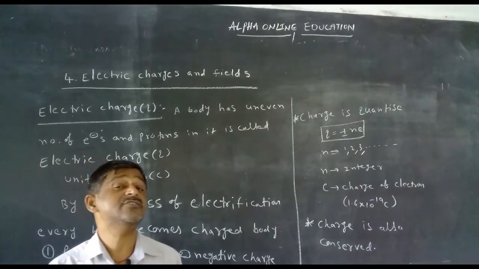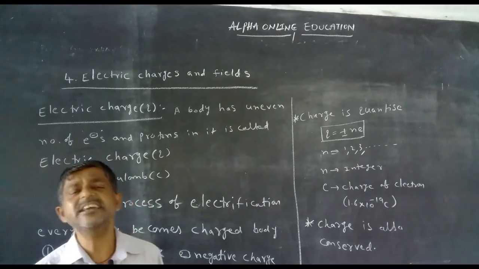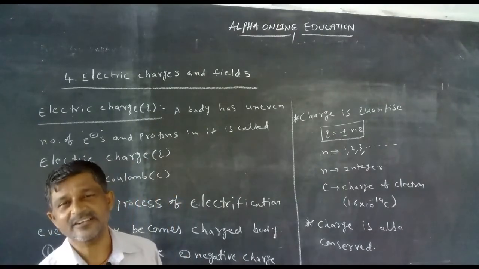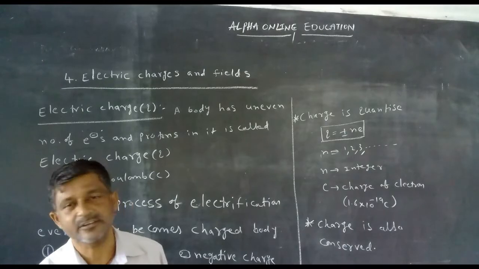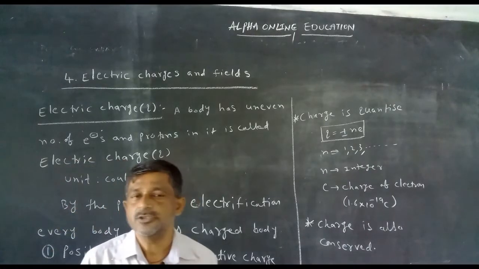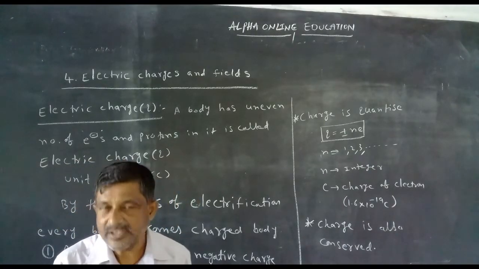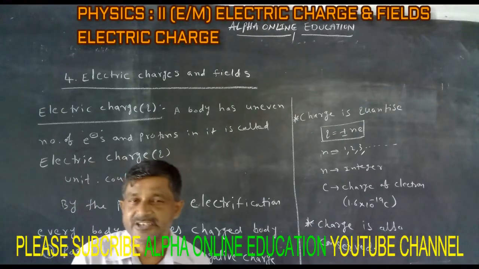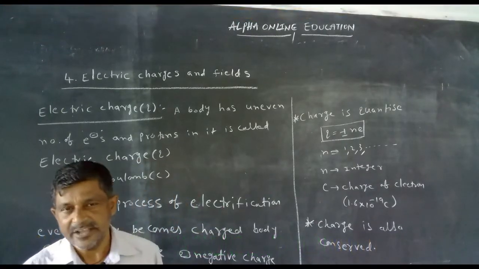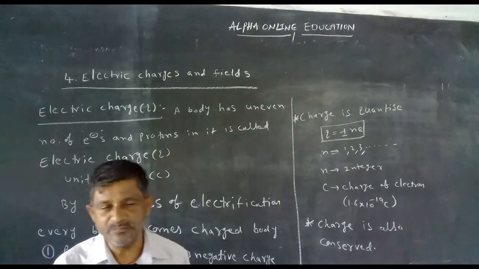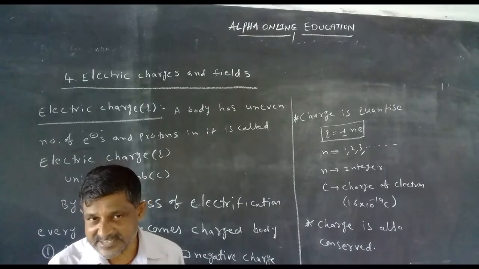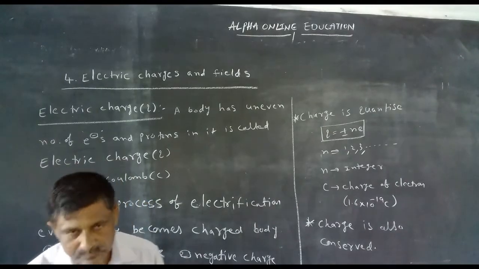Then what about the negative charge? The weight is increased. Why? It gains the electrons. That's why the positively charged body has fewer electrons than protons and its weight decreases, and the negatively charged body gains electrons, so its weight increases.